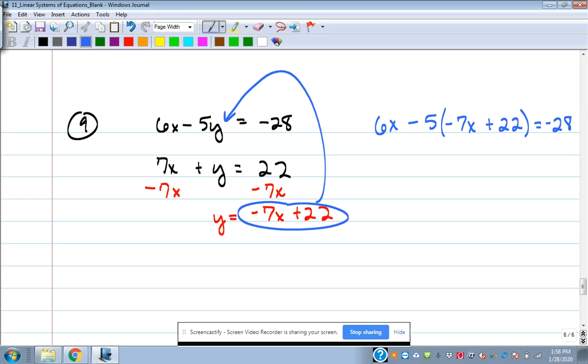All right. So plugging that in the place of y in the first equation, and then I'm going to solve that for x. So 6x plus 35x minus 110 equals negative 28. And then combine like terms there. The x's come together to get 41x minus 110 is negative 28.